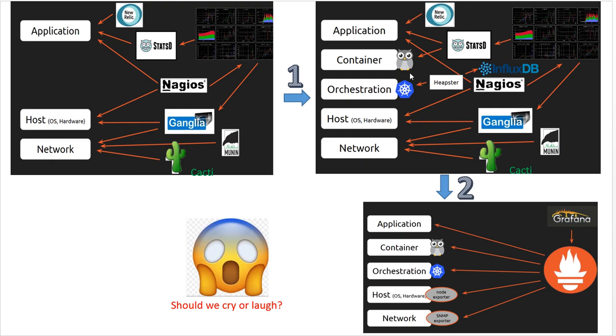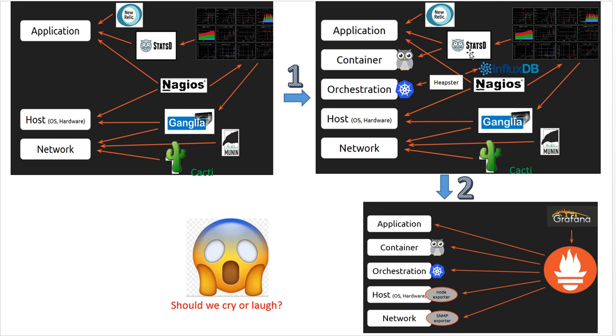This is the pictorial representation where we can easily identify that if you want to monitor networks, you need Cacti or Munin. To monitor hosts, you need Nagios. To monitor applications, you need StatsD or New Relic. Further, for orchestration and containers at cloud level, you need InfluxDB, or StatsD also does the container part.